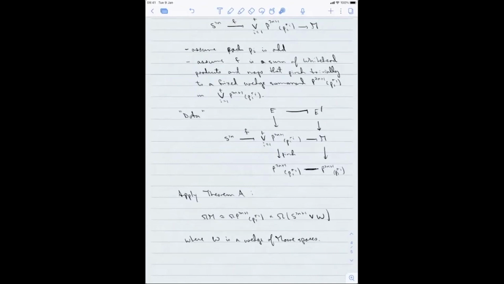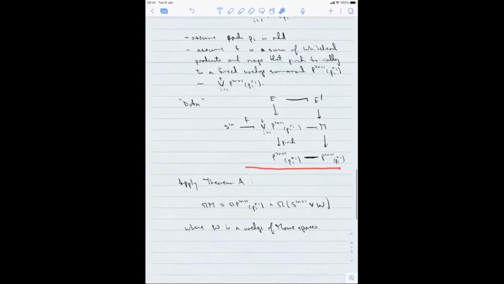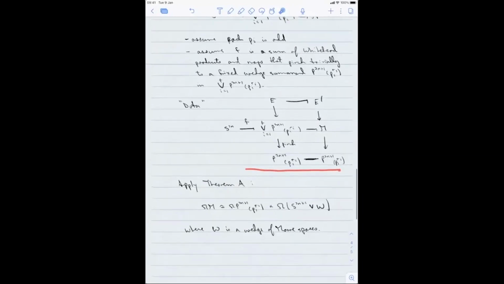And we can't resort to using our favorite corollary C, so we have to go back to the main theorem from which it came, theorem A, and look at this larger context and try and extract information out of it. And it turns out you can do so provided you have enough conditions on the attaching map.